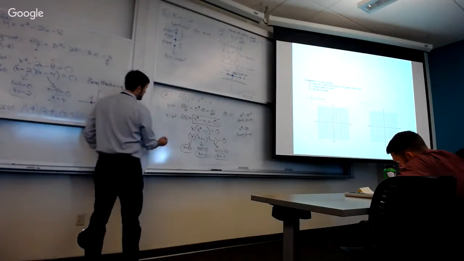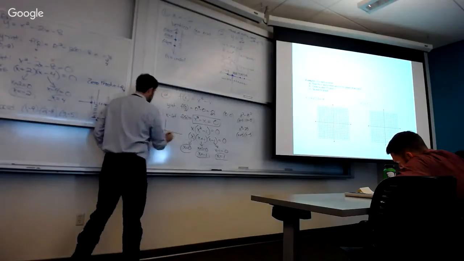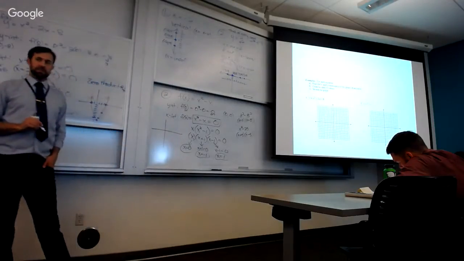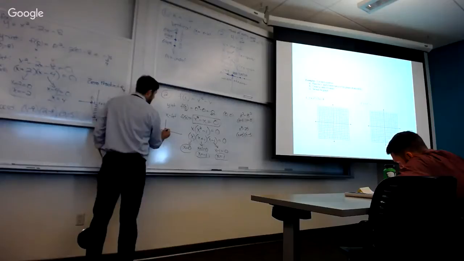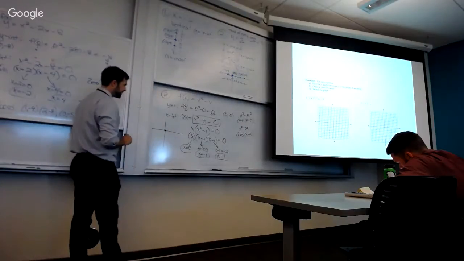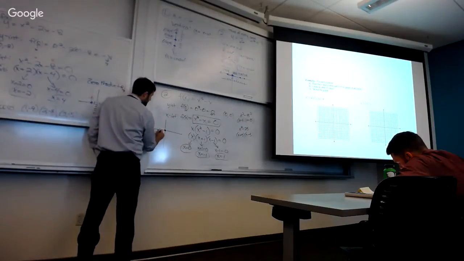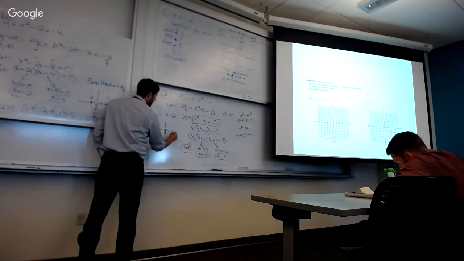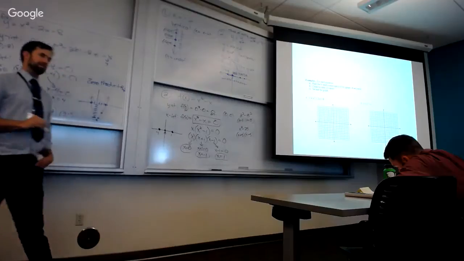So what do we know so far? Let's start a graph. What I know so far is that I had a y-intercept at 0. I also have 3 x-intercepts at negative 1, at 0, and at 1. So far that's what we have.